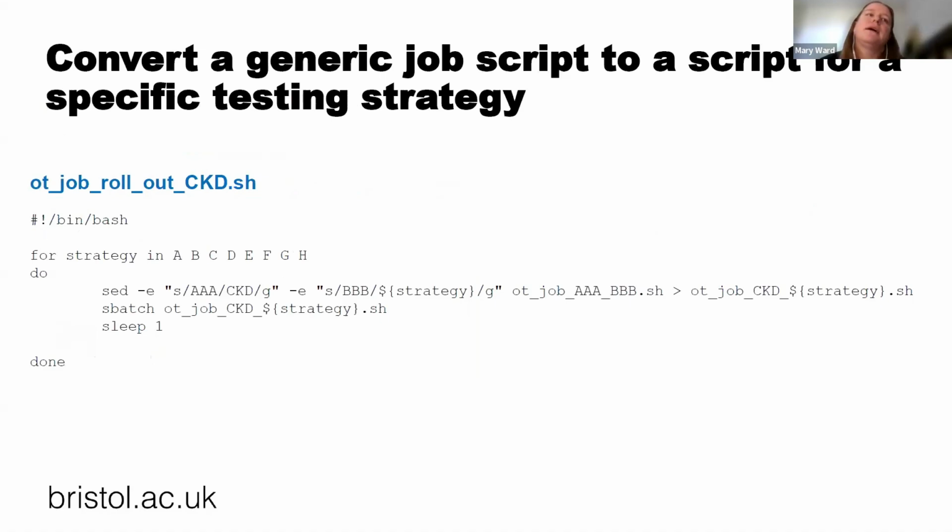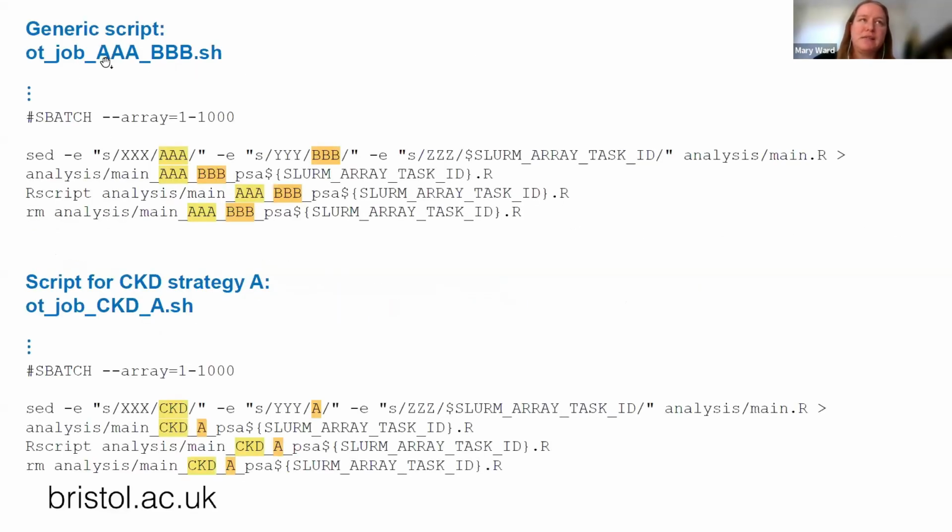We did this in Linux on the HPC. First I had a job where I roll out all of the testing strategies. I've got this generic testing strategy job script, and then I create a version of it, like CKD strategy A, CKD strategy B, CKD strategy C. What this does is turn the top generic job script into the bottom CKD specific job script.